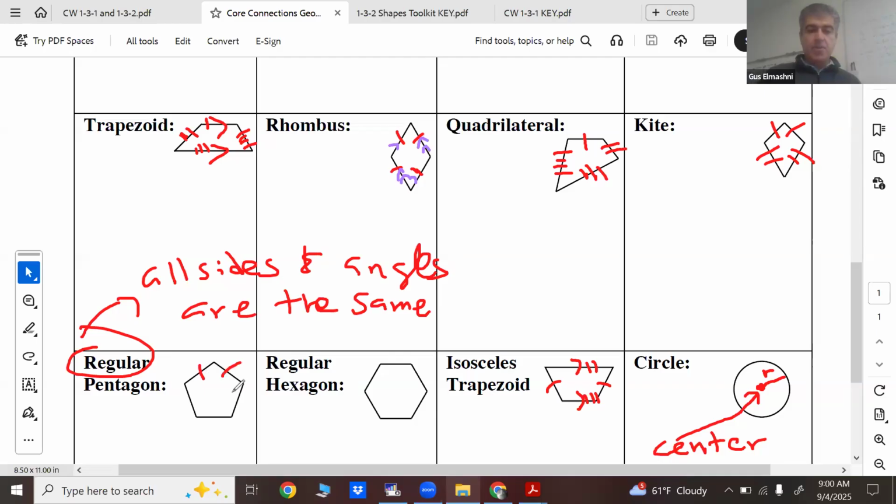So 1, 2, 3, 4, 5. 1, 2, 3, 4, 5, 6. Hexagon, 6. Don't worry, you don't have to memorize. I mean, you should know pent and hex. Don't have to go beyond that. All the angles inside are the same as well. We'll talk about those measures at a later time.